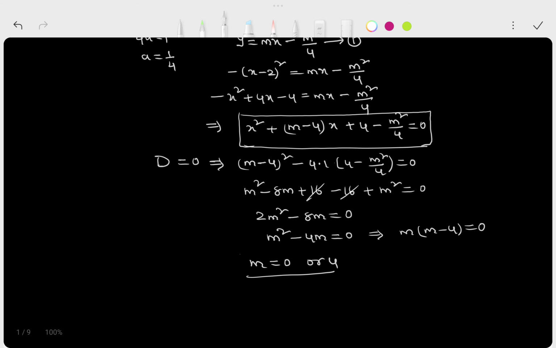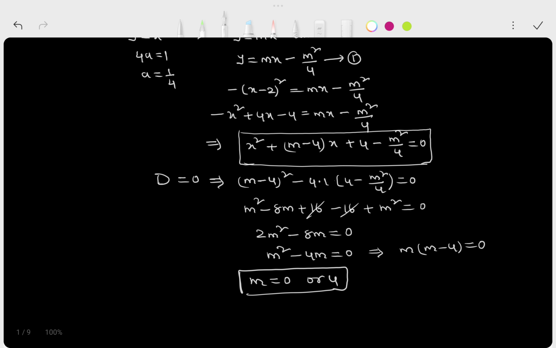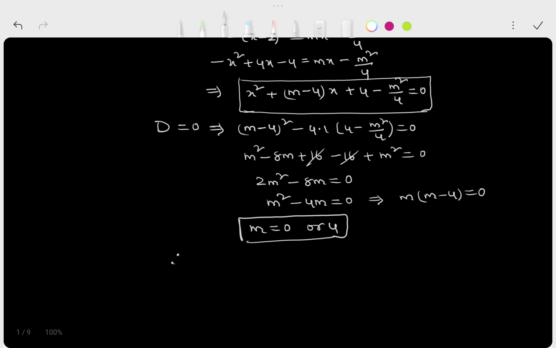Now substitute these m values in equation 1, to get the equations of the common tangents.